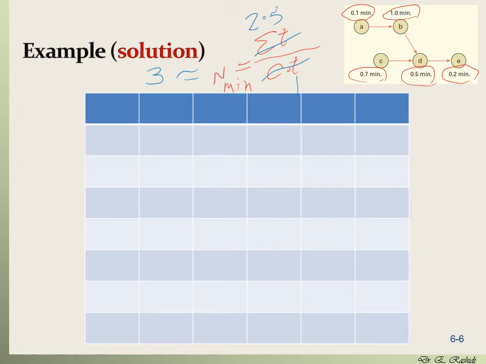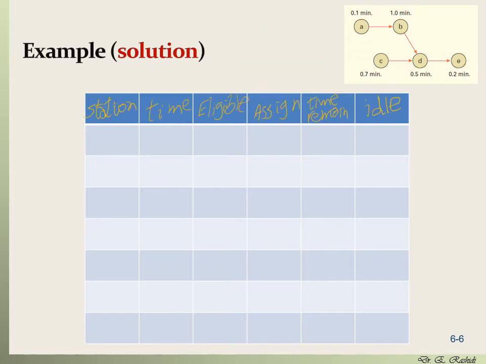Now that we know the number of workstations, we're going to assign tasks to the workstations based on the most following algorithm. I'm going to use this table to do each step of the algorithm. Let me fill out the head of the table. The first column is the workstation.